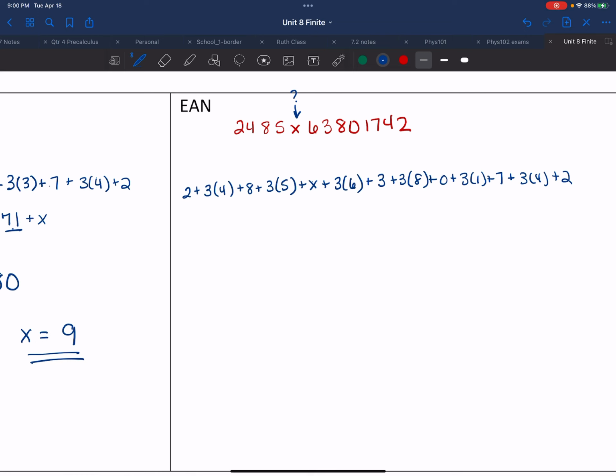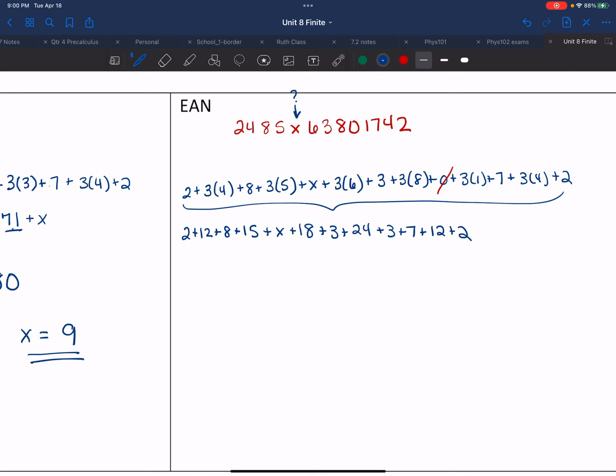So let's get rid of our zeros. We only have one 0 in there. So 2 plus 12 plus 8 plus 15 plus x plus 18 plus 3 plus 24 plus 3 plus 7 plus 12 plus 2. I'm basically taking this whole thing and doing my multiplication by those 3's.